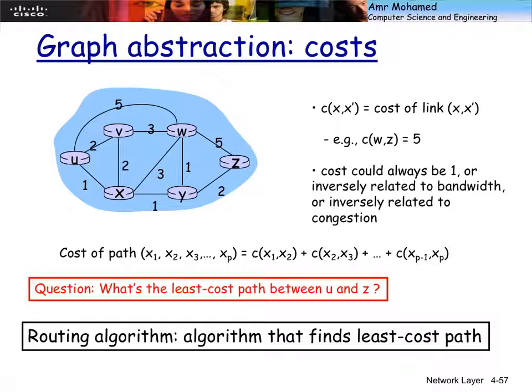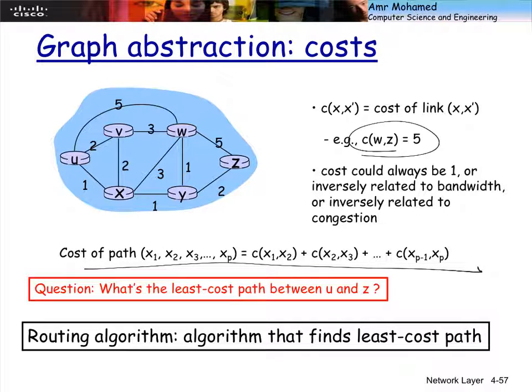So the cost of a link is the cost of this link, but the cost of a path is the cost of all the links associated with that path. Now the problem is that we have multiple ways to go from one node to another.